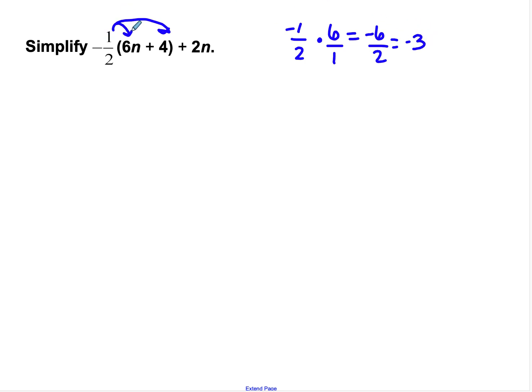So negative 1/2 times 6n is going to be negative 3n, plus. Now I'm going to do my negative 1/2 times my 4. Again over 1, because when we're multiplying with fractions, you need to change any whole numbers into improper fractions. Negative 1 times 4 is negative 4. 2 times 1 is 2. Negative 4 divided by 2 is negative 2.